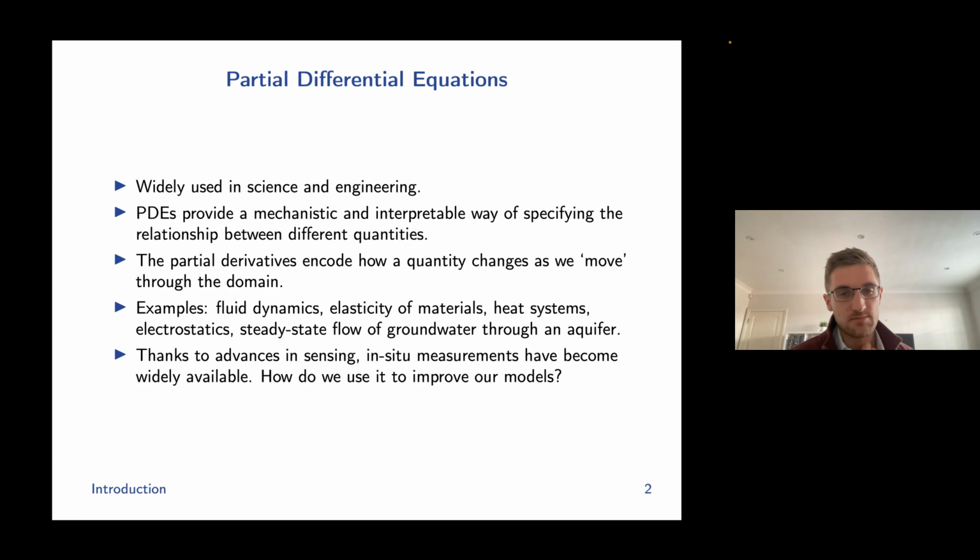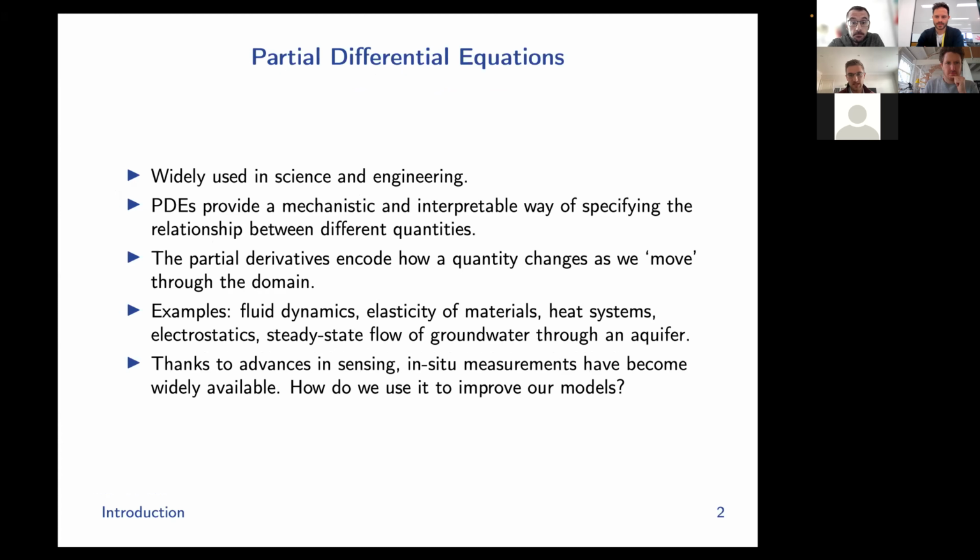This is something that you know a lot more about than I do. I am a computer scientist by training, and I am new to applied mathematics, but PDEs have been used throughout fluid dynamics, modeling elasticity of materials, heat systems, and electrostatics.